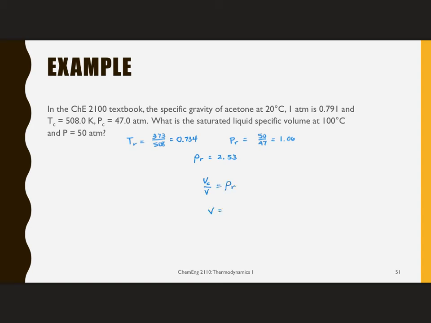V, therefore, is V_C over rho_R. V_C, we found, was about 0.00366 meters cubed per kilogram. Rho_R, I just found to be 2.53. Therefore, the volume under these conditions is about 0.00145 meters cubed per kilogram.